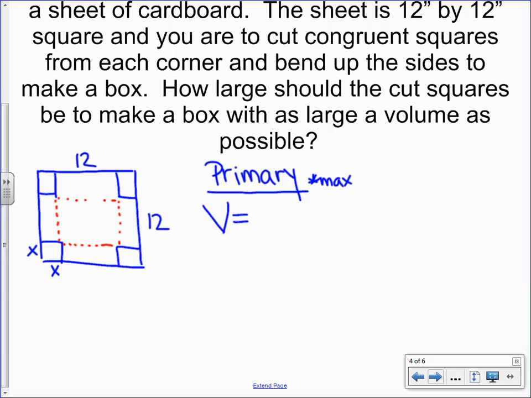No. I don't have a square piece of paper, do I? Okay. Hold on. Square.